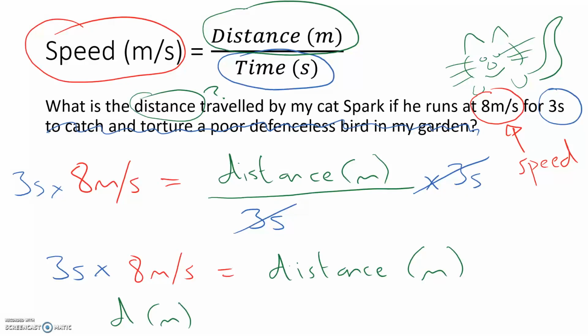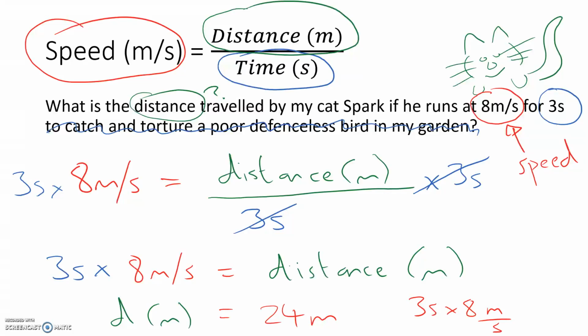So, rearranging formulae part 2, we had just decided that the distance was 3 times 8. So our distance was 24 meters. And we could check that the units were correct. We've got 3 seconds times 8 meters per second.